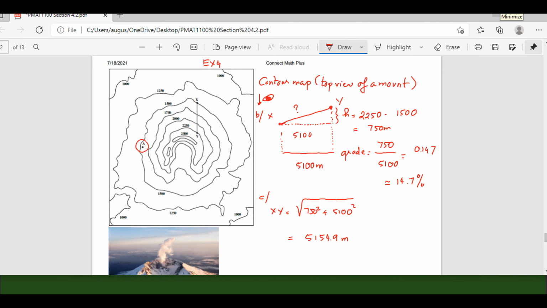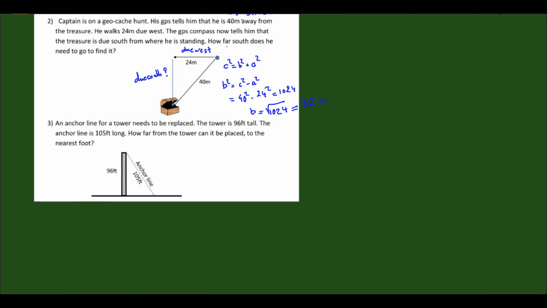So that is the last example for the first part of our lecture. On the second part, I want to talk about the distance formula.